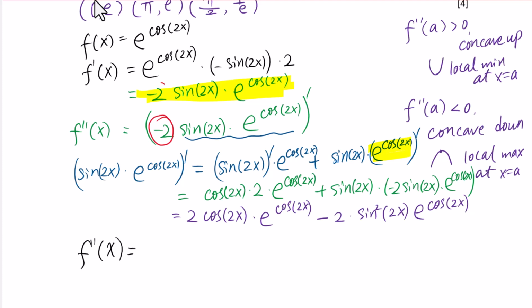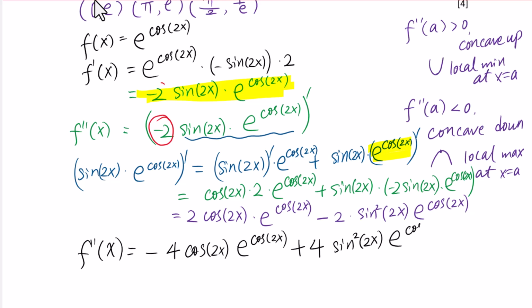We will do the distributive property: -4 cosine 2x times e to the power of cosine 2x plus 4 sine squared 2x times e to the power of cosine 2x. Now we do the substitution.